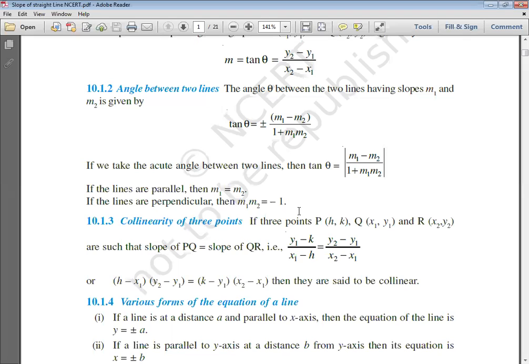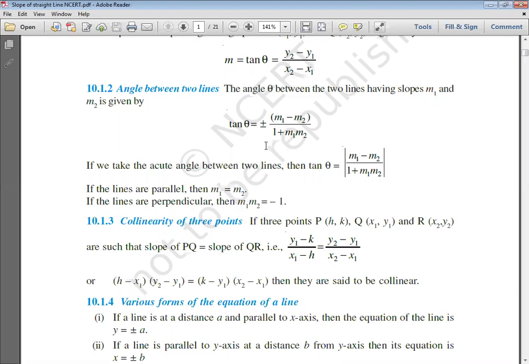So the formula is this one, which you can see on the screen: tan theta is equal to plus minus m1 minus m2 divided by 1 plus m1 m2. M1 and M2 are the slopes of the two lines which are intersecting.